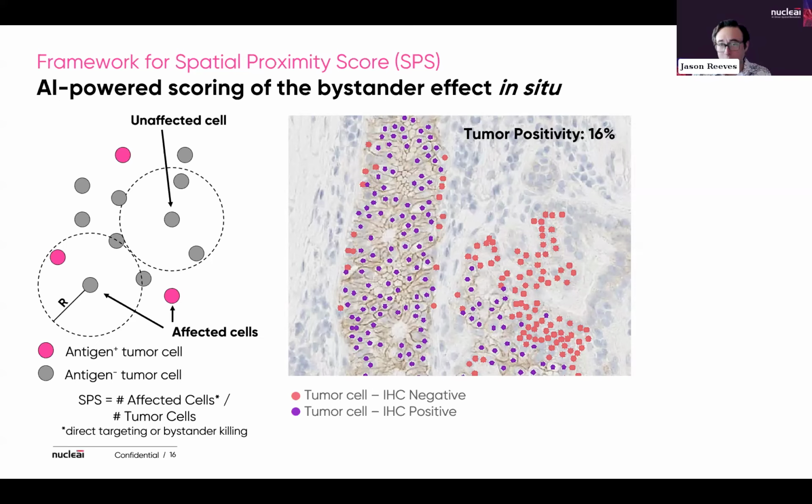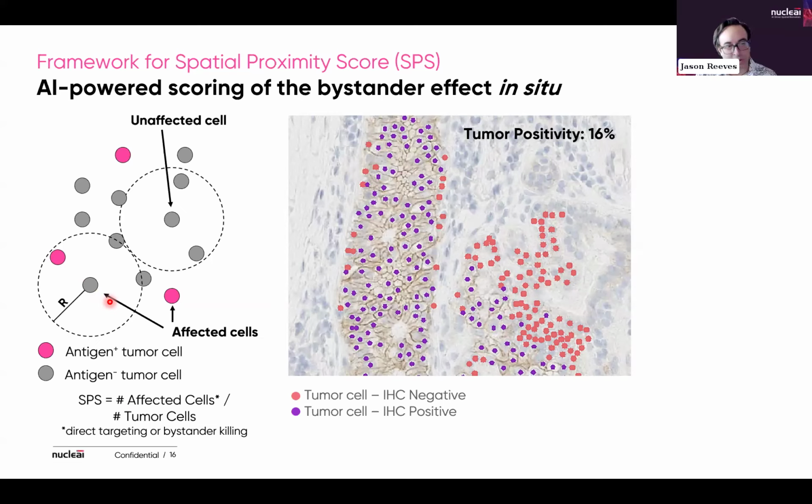So I'm going to walk you through this a little bit granularly and then give you some example data based on some work that we've done in the past. But for example, when we think about spatial proximity scoring, we're thinking about whether or not a cell is close enough to an antigen positive cell to receive the ADC's drug cargo.